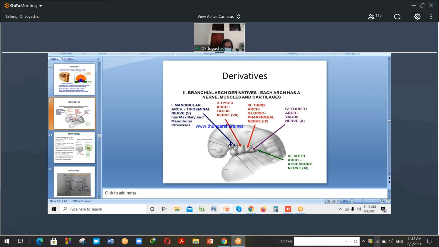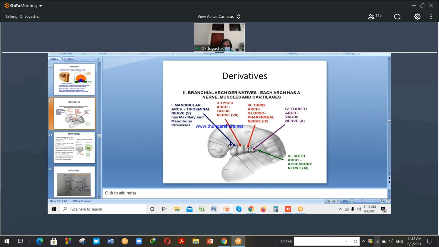In the first pharyngeal arch, the cartilage is known as Meckel's cartilage, and in the second arch, that is the hyoid arch, it is known as Reichert's cartilage, spelled R-E-I-C-H-E-R-T apostrophe S. None of the other arch cartilages have specific names.